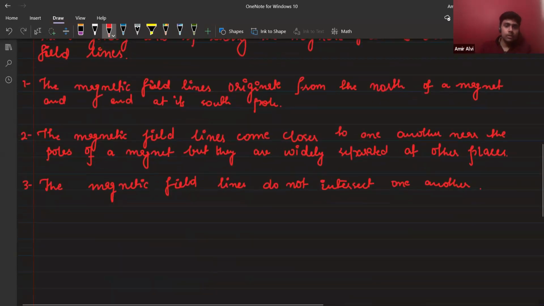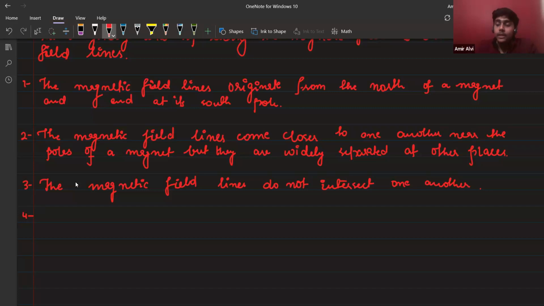Okay, just a second. And one more thing that I forgot to mention here. Magnetic field intensity will be very high if the lines are very closely packed, crowded.